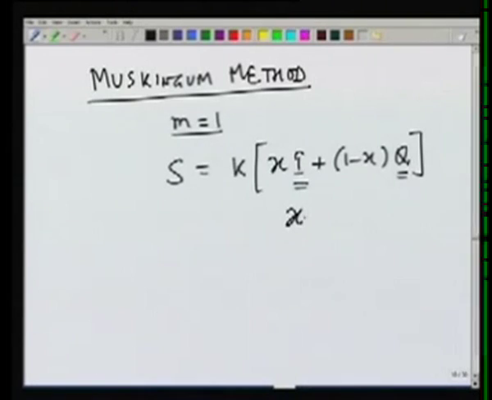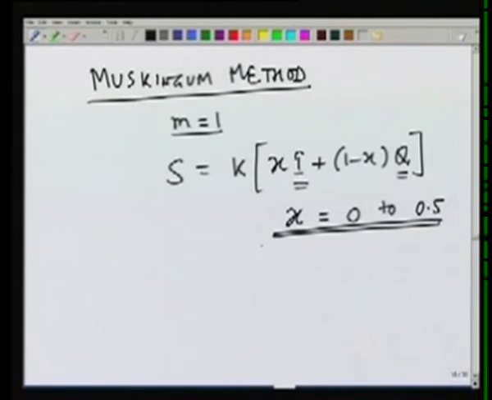X is the weight which for the Muskingum method is typically taken to vary from 0 to 0.5. 0.5 means we are giving equal weight to the inflow and the outflow, and 0 means we are giving no weight to the inflow and a weight of 1 to the outflow.